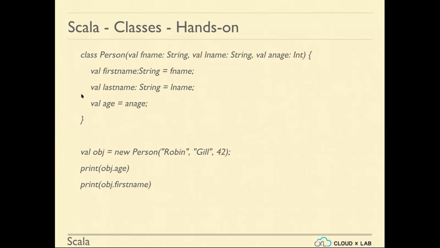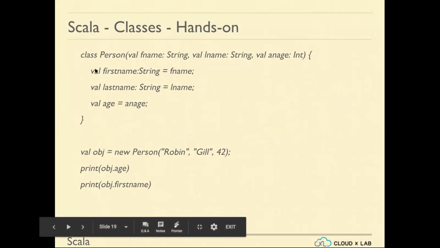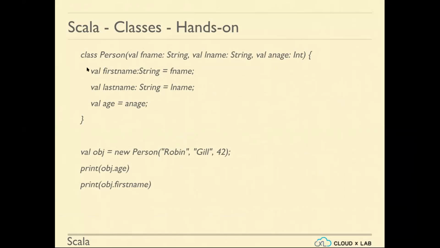Once we have defined the class, we can define an object of this class. Basically, we are creating a custom data type which has three variables in a single object. Here we are defining the object of this data type with the default values as this.